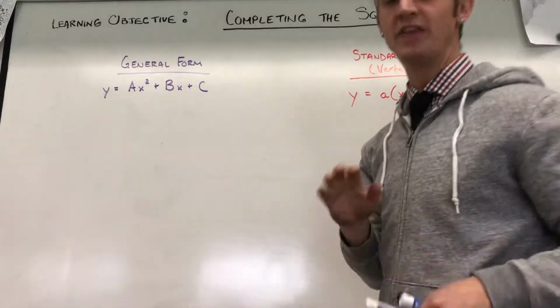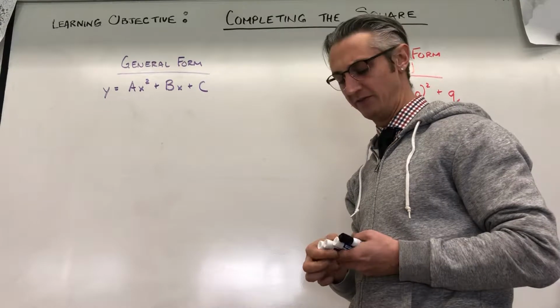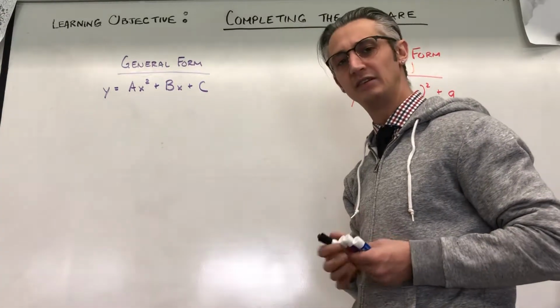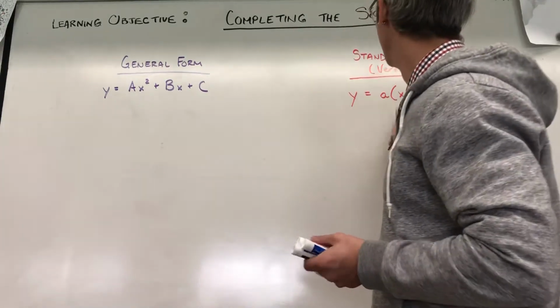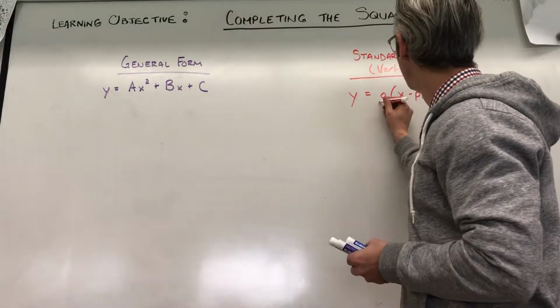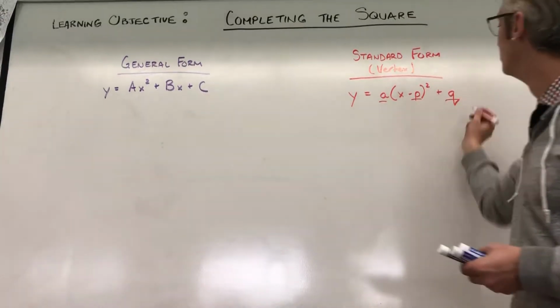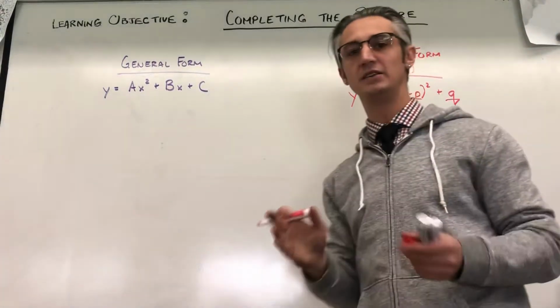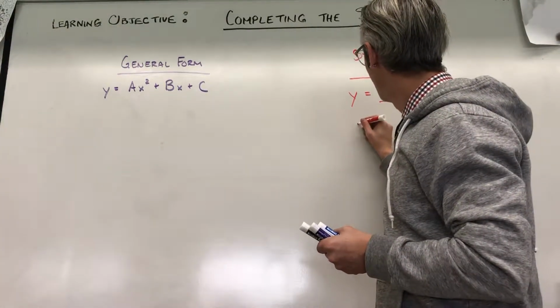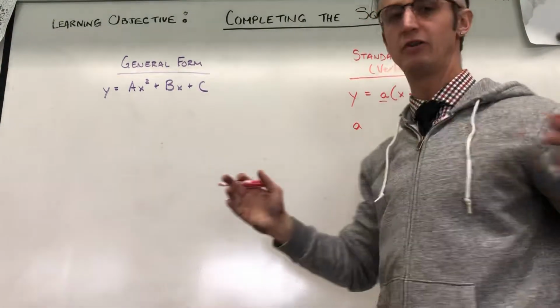Both have their functions, but for immediate usefulness, standard form helps us a lot more. Why? Because each of these letters, a, p, and q, tell us something immediately about our parabola. A tells us whether we're opening upwards.